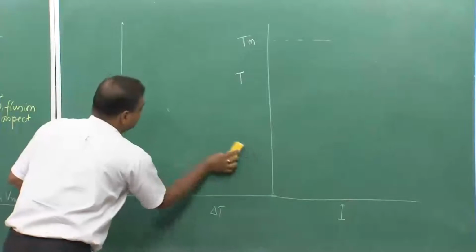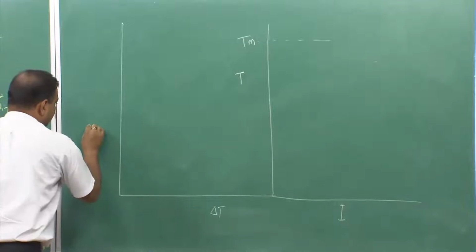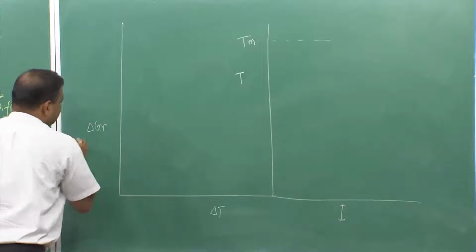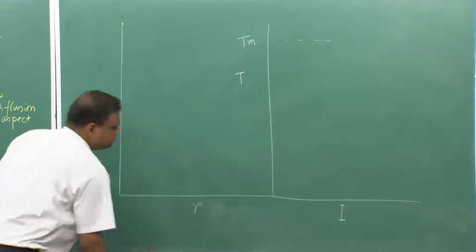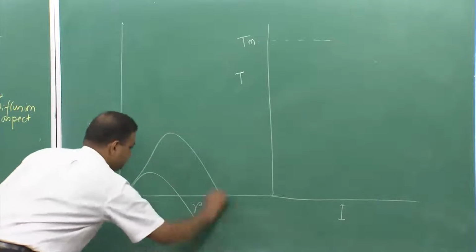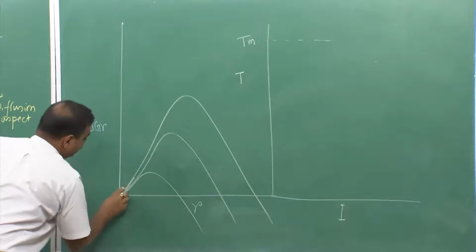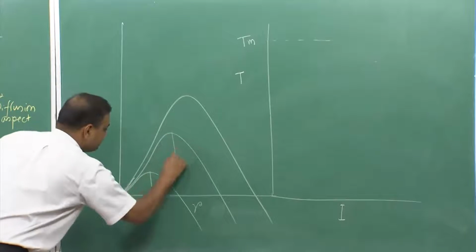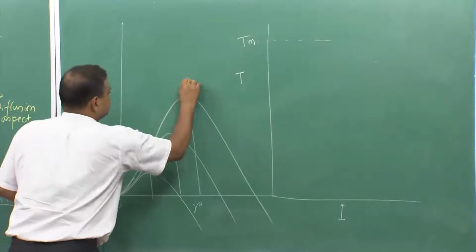For example, if I try to see the variation of delta G R as a function of R, you will see that the plot would look like this. All will emit from this particular 0 point, and you will see that R star is gradually increasing.